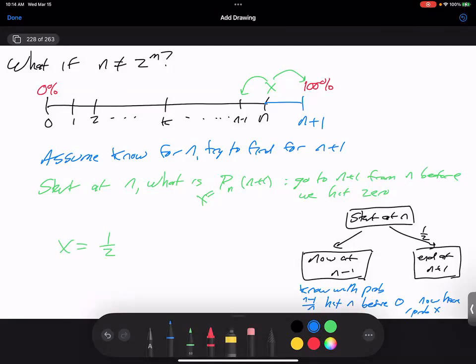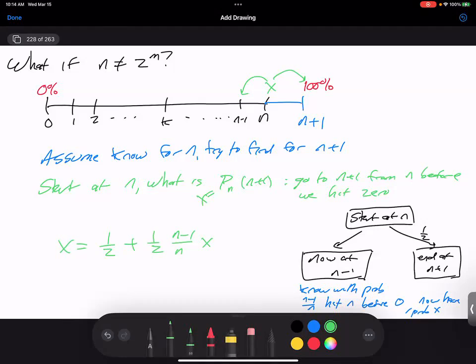So 1/2 of the time, we're going to end at n plus 1 on the first toss, plus 1/2 of the time we go to n minus 1. Once we're there, it's n minus 1 over n that we get back to n. And then the chance that we win is just x. All right, so we just have to solve this equation.